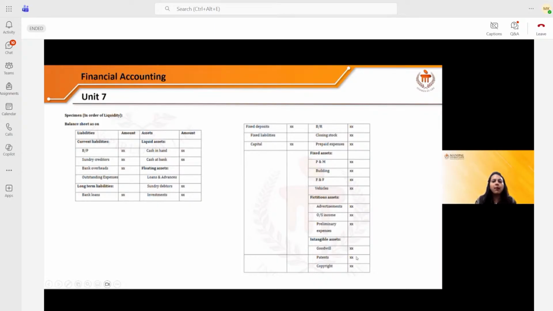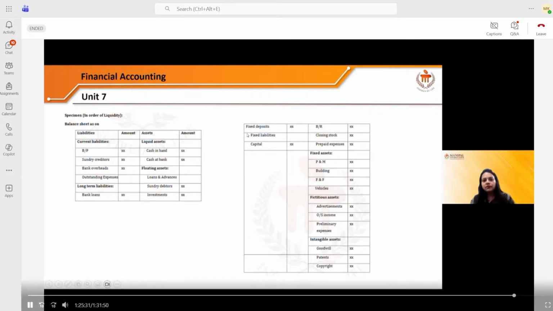So you must know which transaction will go on which side. Based on the format, just learn the format and do the numerical. I hope everyone has been clear.